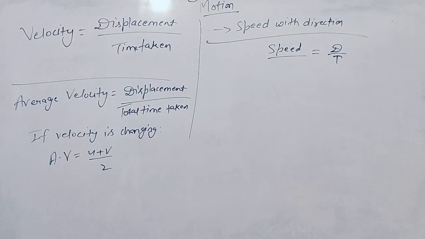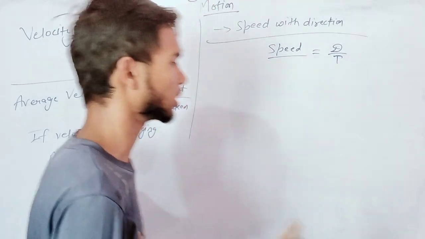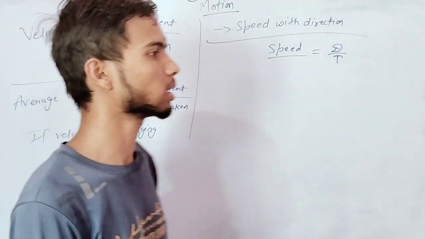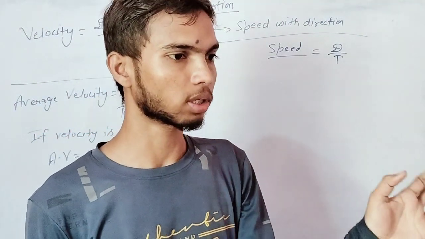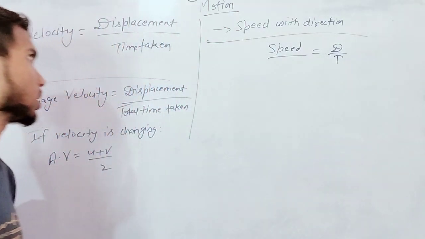In the case of velocity, we are taking displacement, and displacement, as you know, gives you direction. I'm not saying total distance; it will tell you the shortest distance with a direction. Clear?